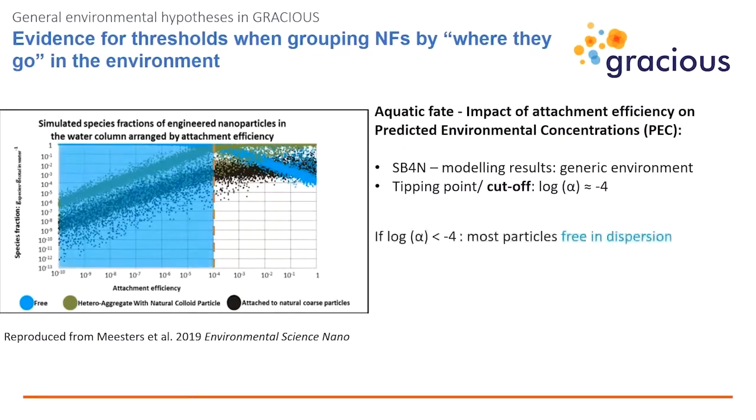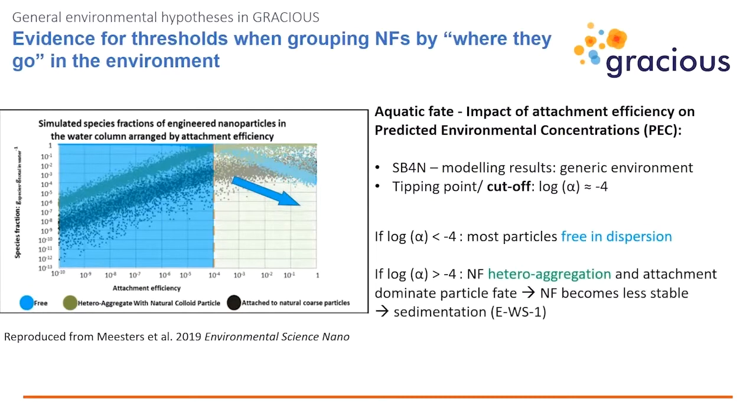When you're below this threshold, most of the particles remain free in dispersion, so you have a stable dispersion of your nanoform. However, once you go beyond this threshold, heteroaggregation and attachment dominate the particle fate, so your nanoform becomes less stable as the attachment efficiency increases, and you might lead to sedimentation and identification of sediment toxicity as being relevant for these particles, for example.